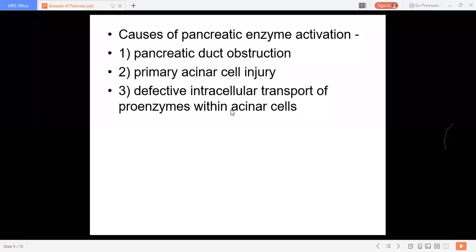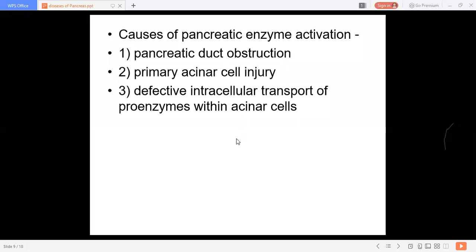Whenever the flow of these enzymes is directed towards the defective compartment, that is the lysosomal compartment, there is intracellular activation of enzymes, and it again causes acinar cell injury. Ultimately, pancreatic duct obstruction leads to acinar cell injury.